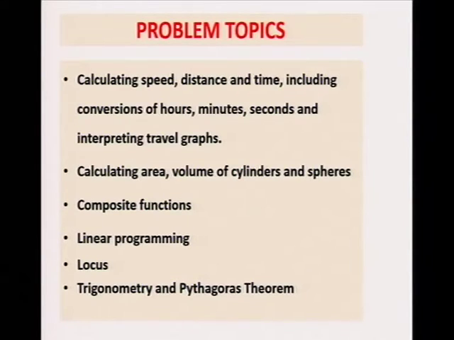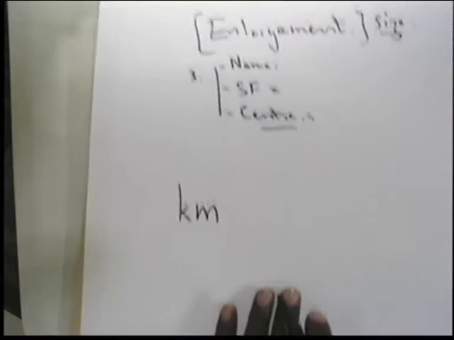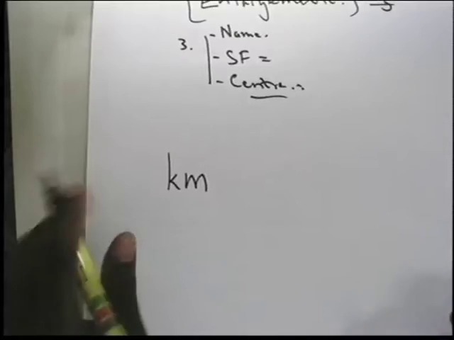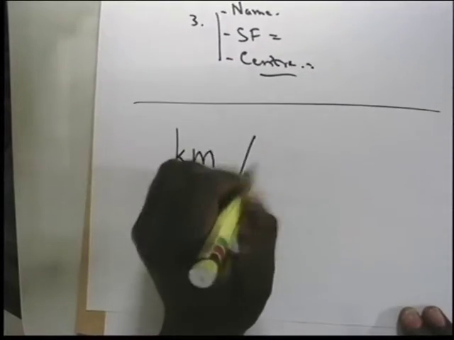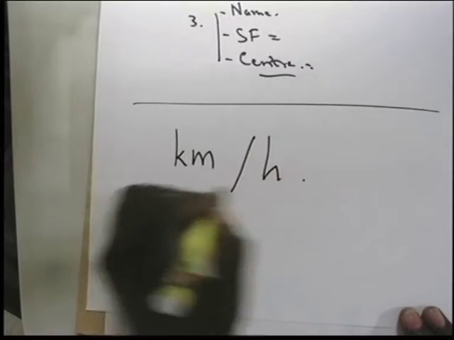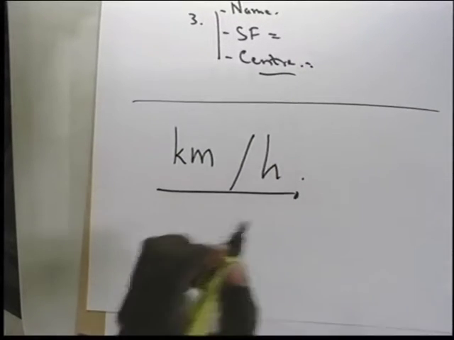For example, you might be given a graph that gives you information regarding distance and time, where distance is given in kilometers and the time is given in hours, kilometers per hour, in other words.